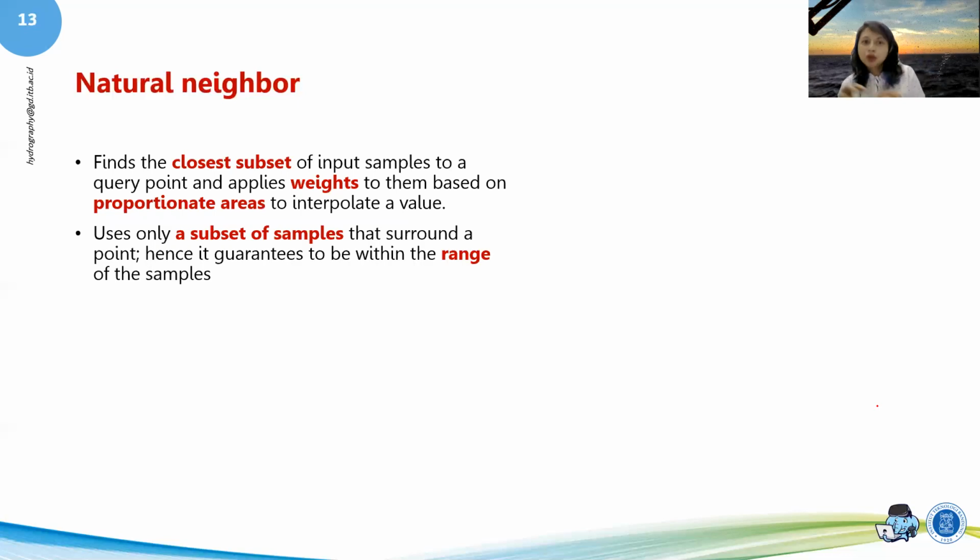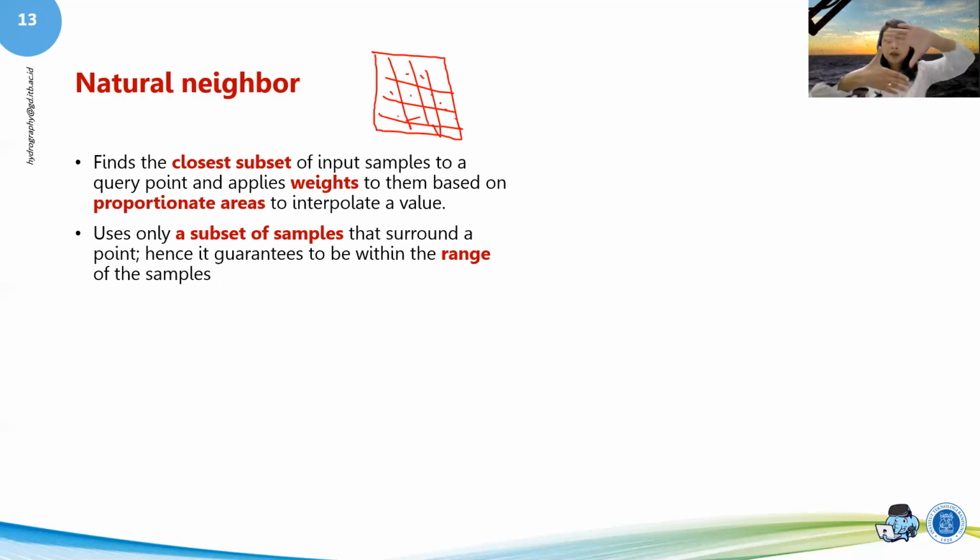So it only uses a subset of the sample points. So you will not have, because it's not gridded. In the other methods before, you make a grid, and then you basically try to interpolate everything. So you will actually have a rectangular grid.